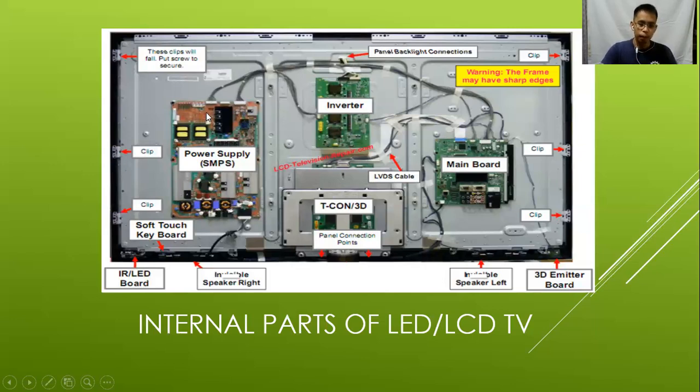Then it will supply different outputs going to the main board, then distributed to the inverter or the backlight driver, then going to the timing control circuit, and also distributed to LVDS or the low voltage differential signaling.